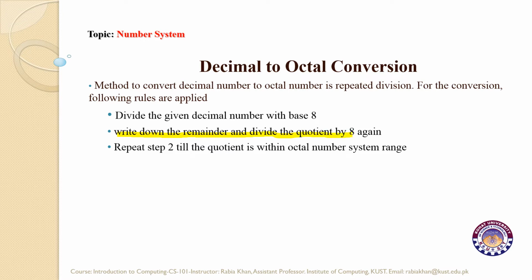Because we are going to convert it into octal number system, and octal number system has base 8. So this process will continue until the quotient gets within the range of octal number system, that is between 0 to 7. So if the quotient becomes within the range of octal number system, we will stop our division process. So let's see with examples and apply these rules.